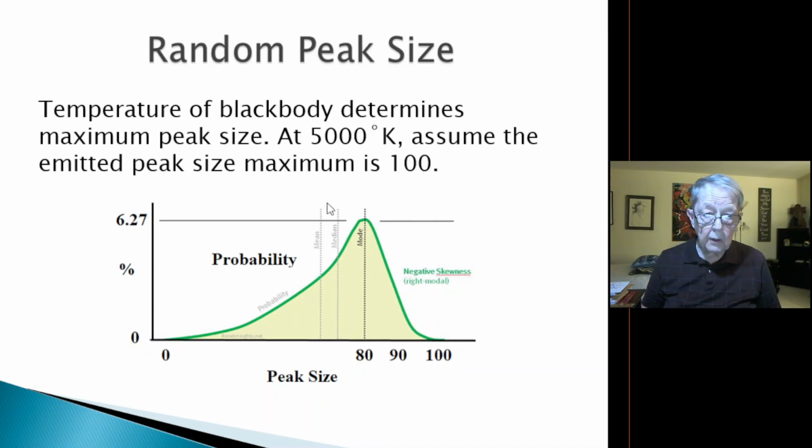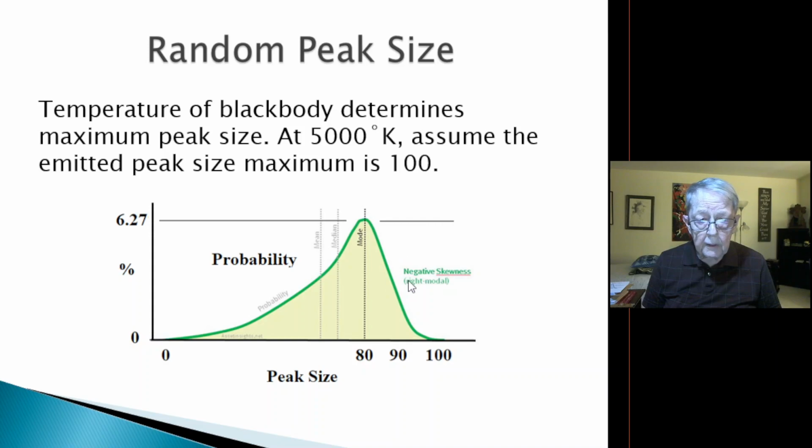I've actually worked on this curve and worked with the actual values here. 6.27% of all the emissions would be at this point. When you add up all of the percentages of each one of those, you get 1. The sum of all occurrences in a probability distribution is 1.